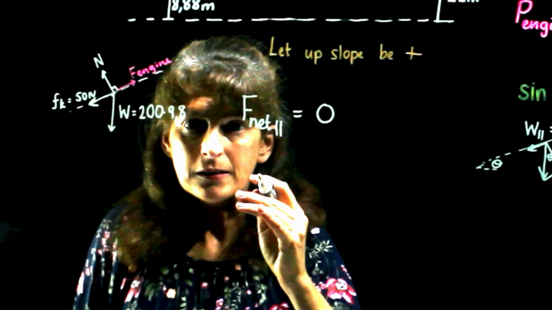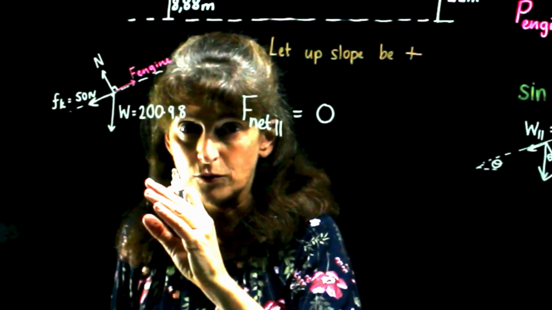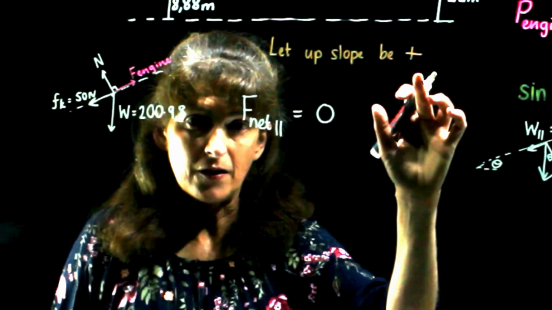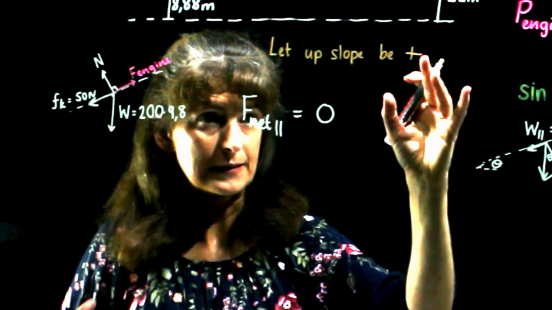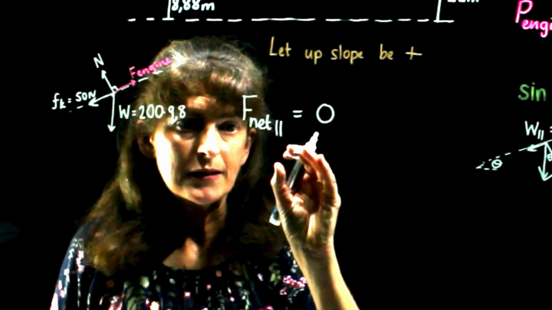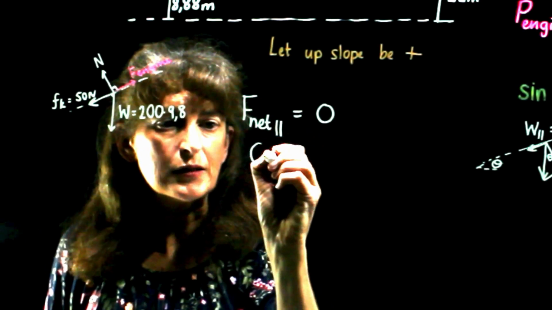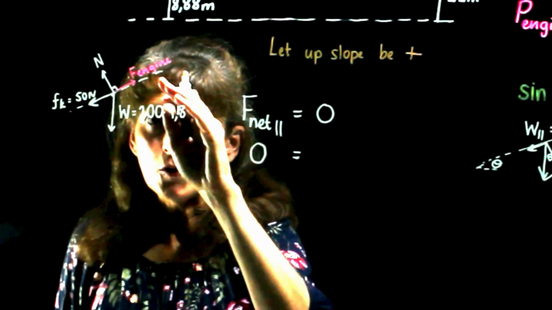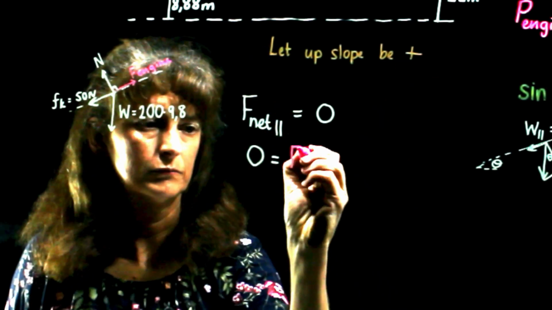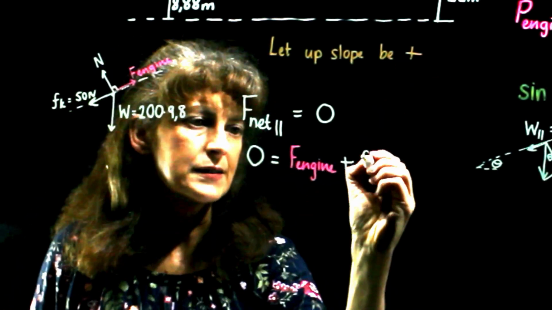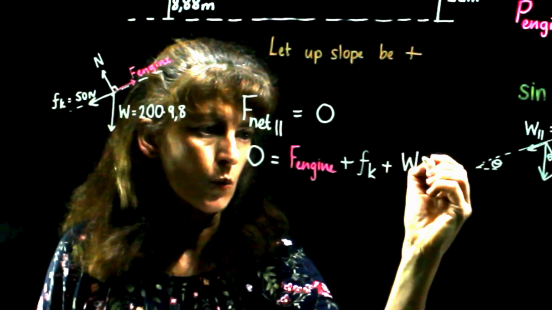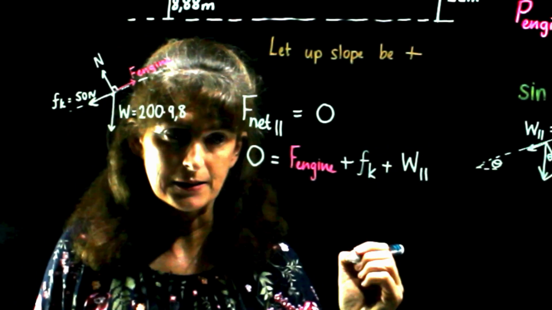Some of them act down the slope, 2 of them do, and 1 of them acts up the slope. We specify one of the directions, let's say up the slope, to be positive. Right, so what are these forces that all add up to 0? The one up the slope, which is positive, plus friction force, a kinetic friction force, plus weight's parallel component.